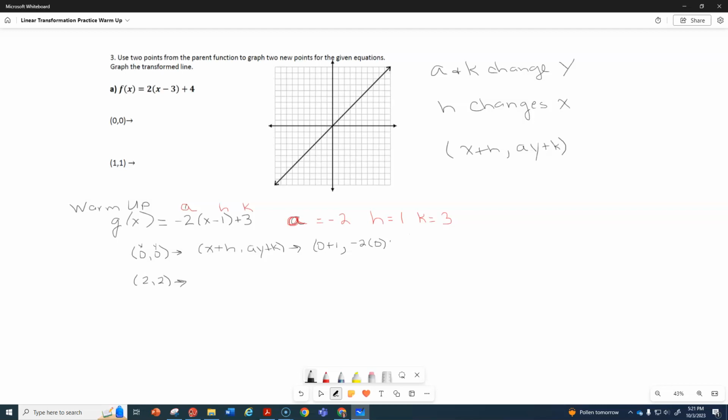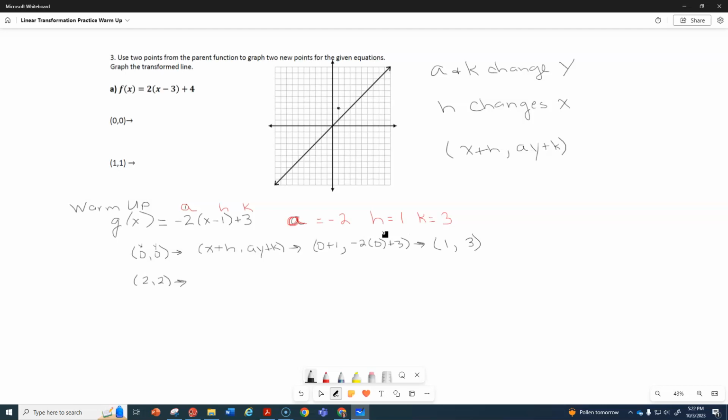And then my K value is +3. I'm going to do the math right there. 0 plus 1 is 1. -2 times 0 is 0. And 0 plus 3 is 3. So the point 0, 0 transforms to the point 1, 3. There's where 0, 0 goes.